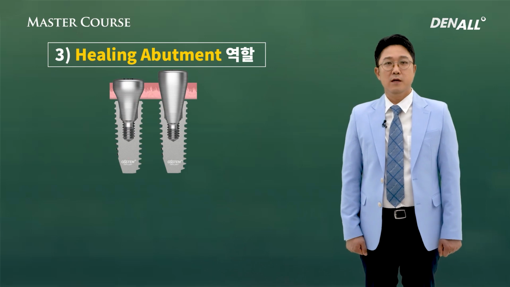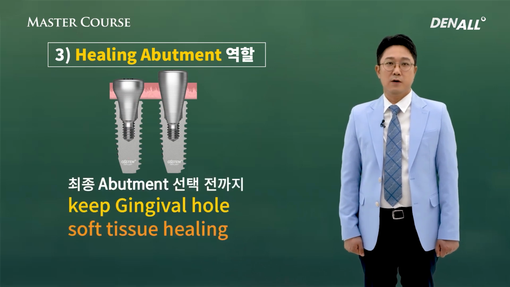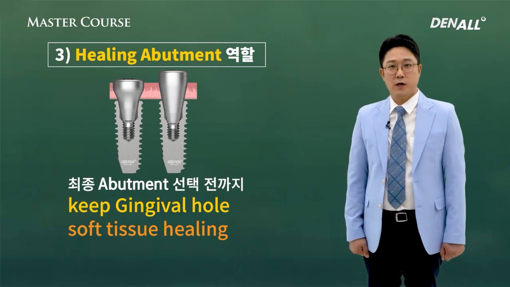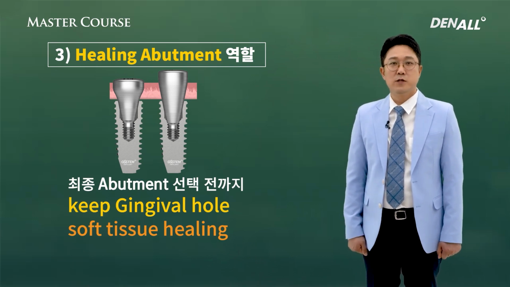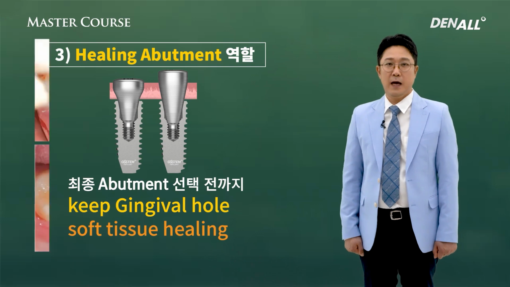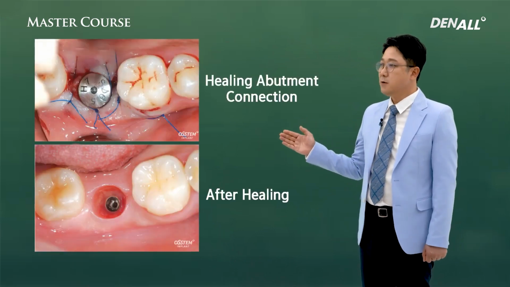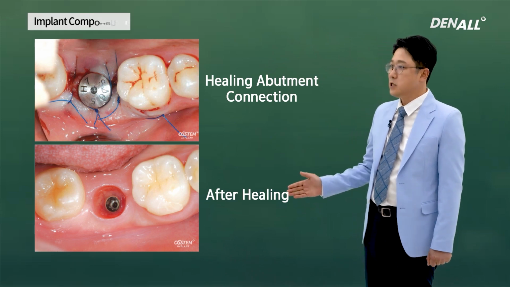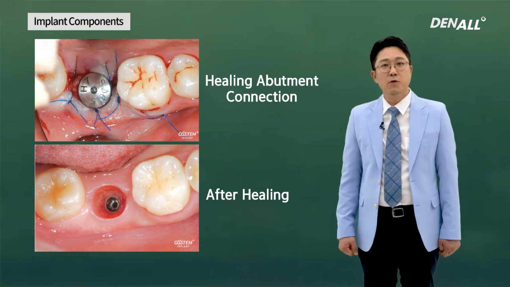Healing abutment. The purpose is, before final abutment connection, it keeps gingiva whole and also supports a complete healing of soft tissue. As shown in the image, once healing abutment is connected, the gingiva has healed very nicely.